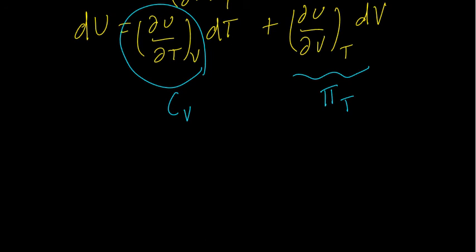Now, I don't know if I should show you the experiment first, or should I derive the maths first? Maybe let's try deriving the maths first. The idea is that if I want to find this, I need to ensure that we do it under a certain set of conditions, so that there is no change in the internal energy.